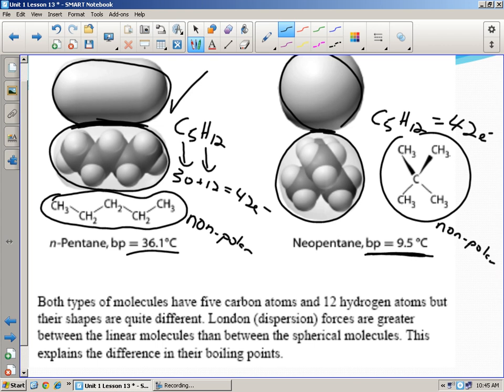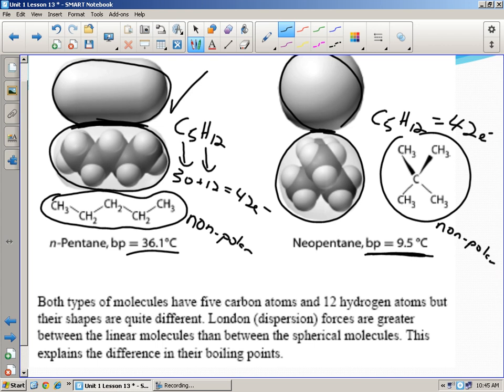Enough energy has been given to break that intermolecular force, that London force in neopentane, and they start to break apart from each other. You break enough of them that they're turning into a gas now, so that they're kind of free of each other. Okay, they're still attractions, but they're farther apart from each other now.